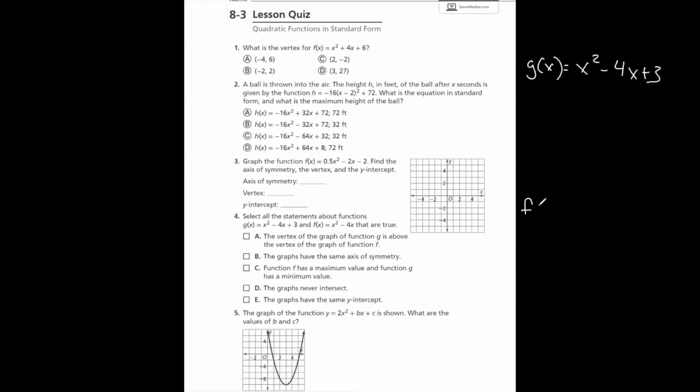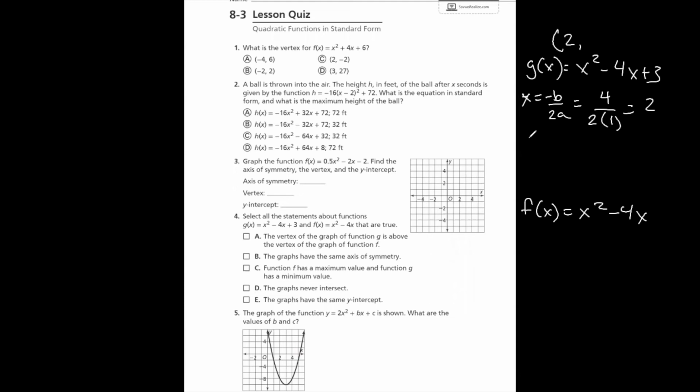And then we'll do f of x down here, which is x squared minus 4x. So we're going to use x equals negative b over 2a. So negative b, the opposite of b, if b is negative 4, the opposite is positive 4, over 2 times a, which is going to be the number in front of x squared, which is 1. So our x value is 2.